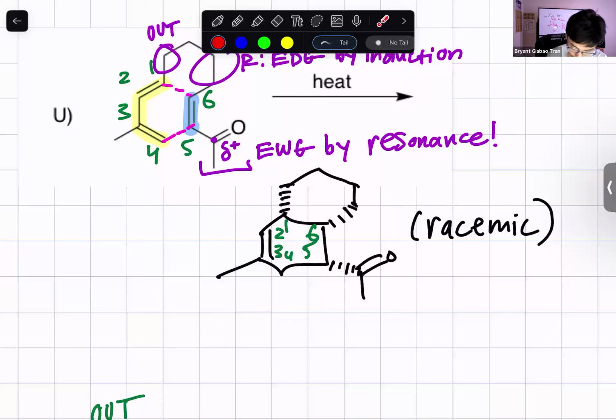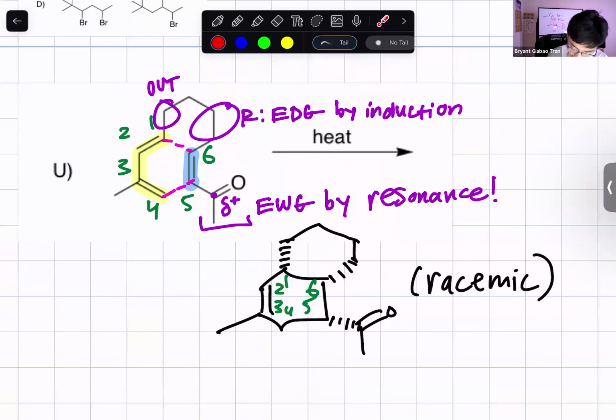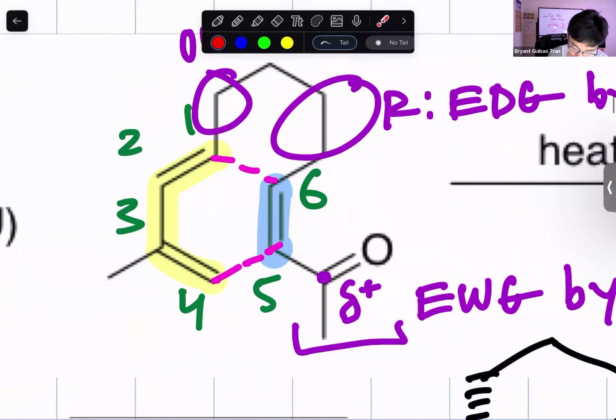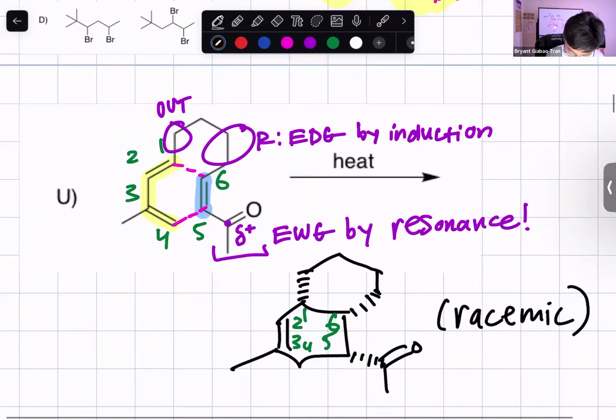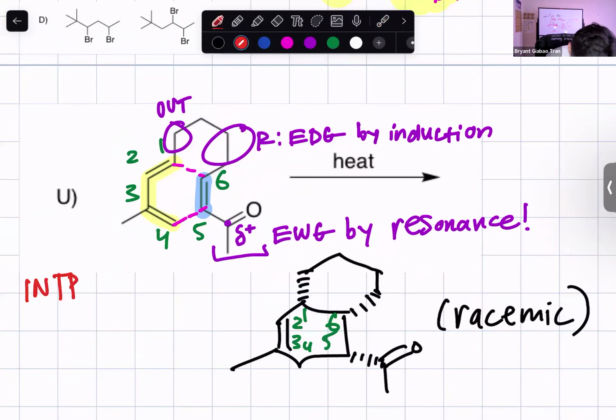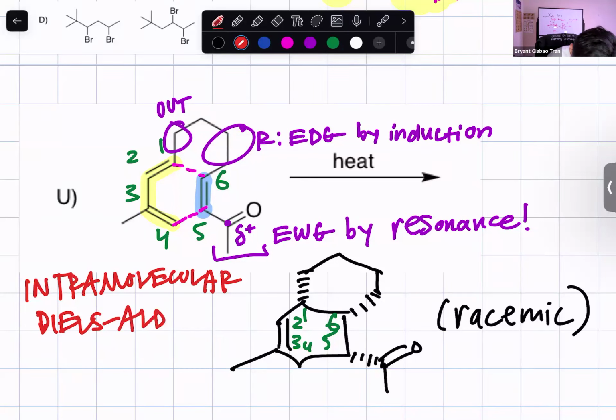Right, because let's look at the charges here on the dienophile. Well, this is an intramolecular Diels-Alder reaction.